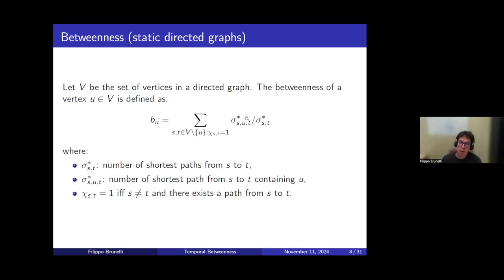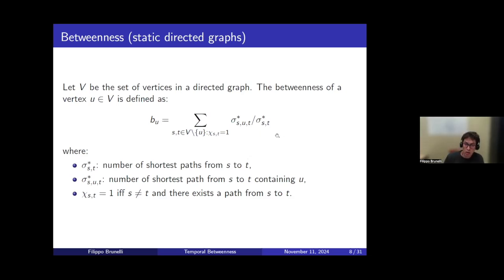And so more formally, the betweenness of a node U is the sum over all possible pairs of sources and targets S and T of the ratio between the number of shortest paths from S to T that pass through U over the number of shortest paths from S to T.